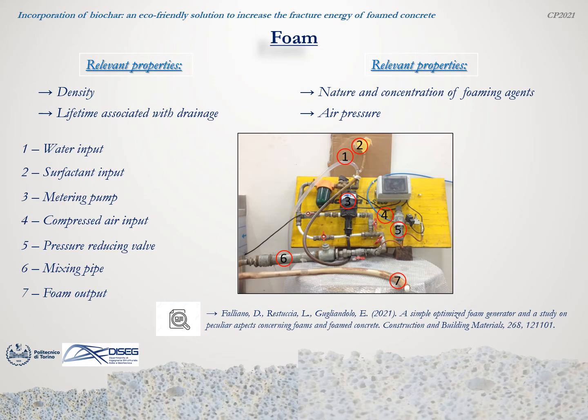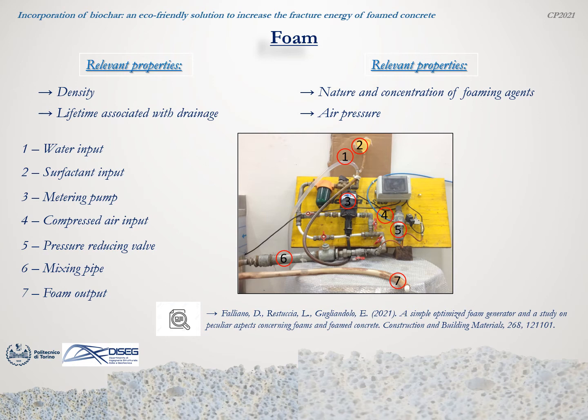First of all, water, whose input is indicated by point 1, and surfactant, input indicated by point 2, are mixed. The surfactant concentration is adjusted by the metering pump illustrated in point 3. After, the water-surfactant mixture meets the compressed air, whose input is indicated with point 4 and whose pressure is regulated by the pressure reducing valve in point 5.